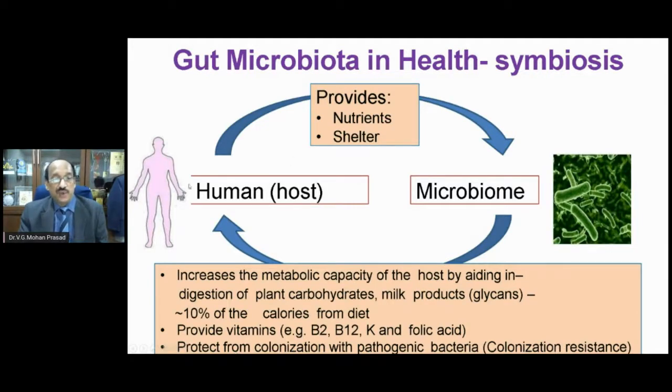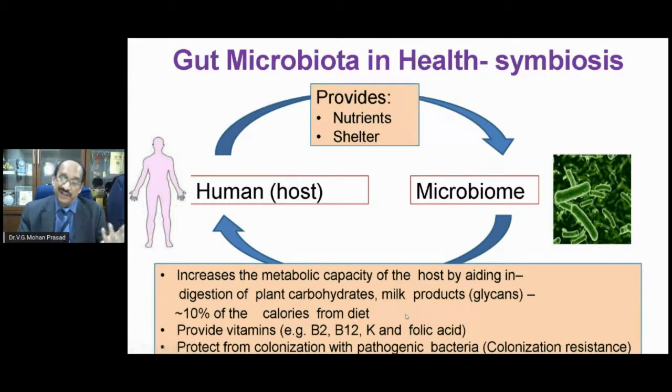The human being provides nutrients and shelter for the bacteria, because we lodge a big group of different microbiome in our gut. The gut microbiome increases the metabolic capacity of the host by aiding in digestion of plant carbohydrates and milk products, and also provides 10% of calories from the diet.